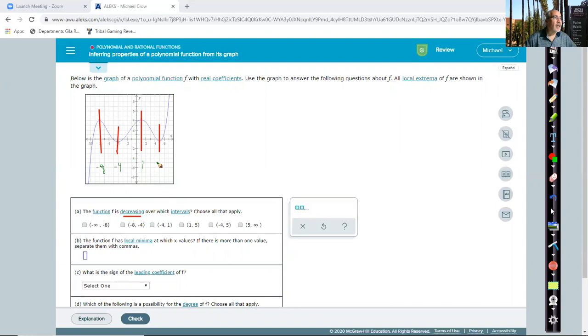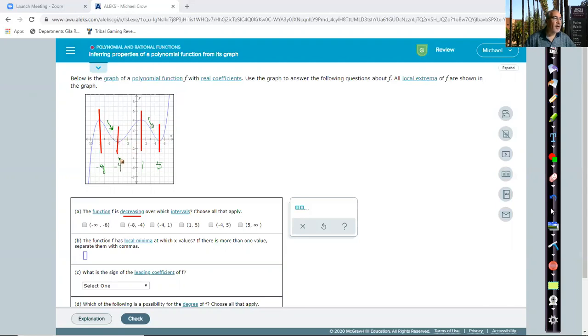1, and 5. And now, since they're asking where it is decreasing, we're looking for where the graph itself is coming down. So this part here is decreasing. Again, we started with increasing, then decreasing, then increasing, and then decreasing. And then it goes back to increasing.